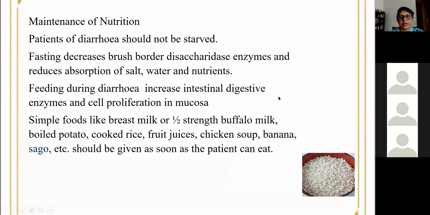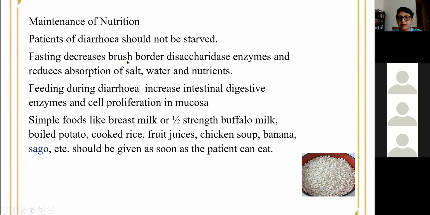Now, the second point, so we have corrected dehydration. Now, maintenance of nutrition. In the olden days, people used to say, if there is diarrhea, you should not eat anything, you should starve. That is not the latest, that is not correct. What happens if you are starving?